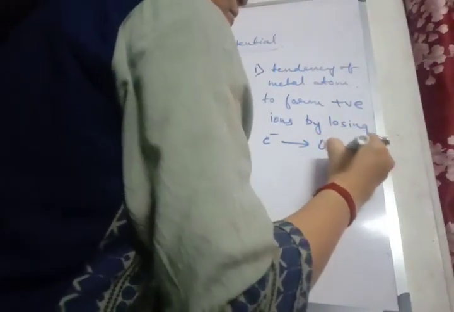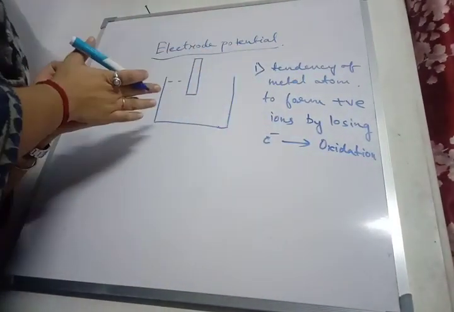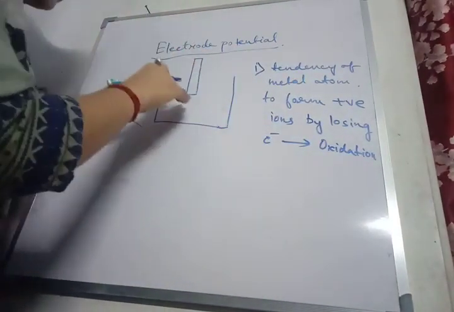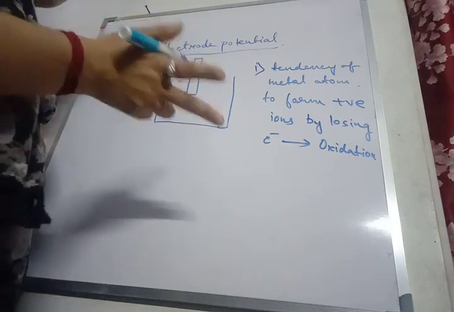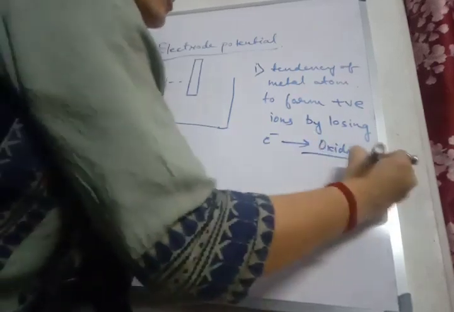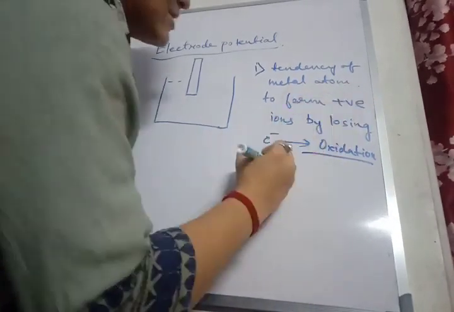This process is basically oxidation of the metal. This is the first one. That is, when a metal rod is dipped in a solution of its own ions, we get to see two opposing processes. The first process is basically oxidation and the second process is reduction.